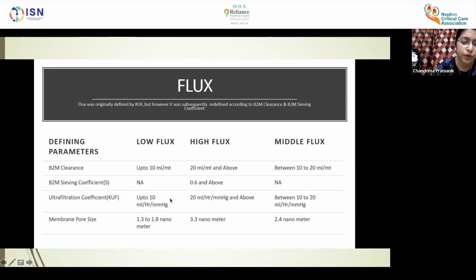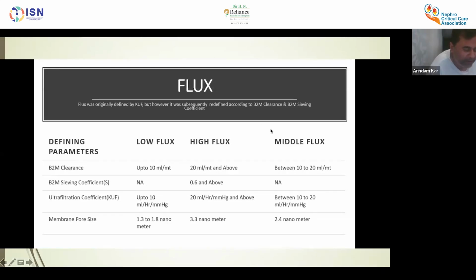In case of low flux dialyzer, membrane pore size is 1.3 to 1.8 nanometer, whereas high flux dialyzer is 3.3 nanometer. So we also have a middle flux dialyzer, which is an intermediate between the low flux and the high flux dialyzer.